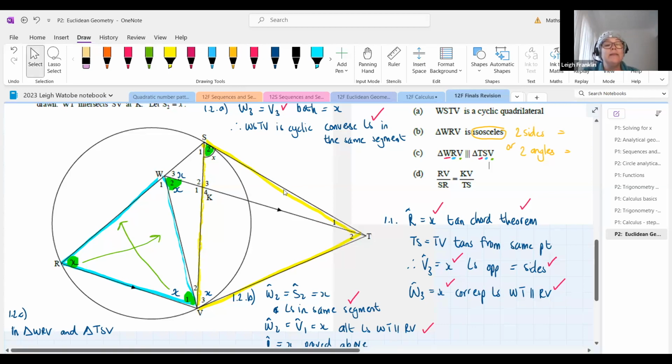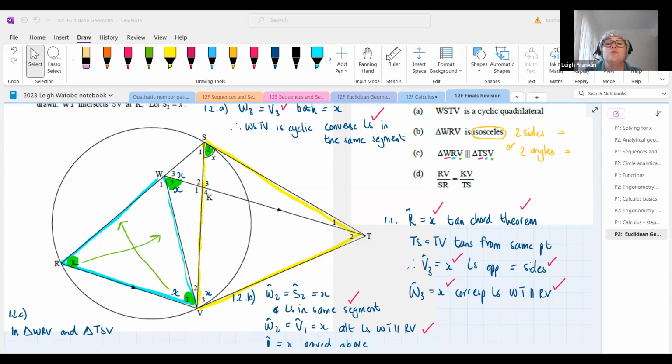So why is angle W1 equal to angle T? That's not immediately obvious. We can't start there. We can't start with angle sum in a triangle. Let's start with angle R. Angle R is equal to angle S2. We've actually already proved that, haven't we?